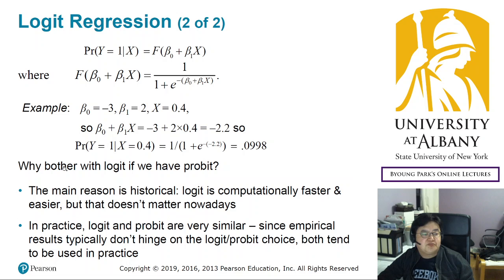So then why do we bother to consider the logit model? The main reason is historical. It is computationally faster. That's the main reason why we study the logit model. Now computation is not a problem, unless you have super huge data. But in the old days when the probability model was first invented and developed, computation was a big deal.